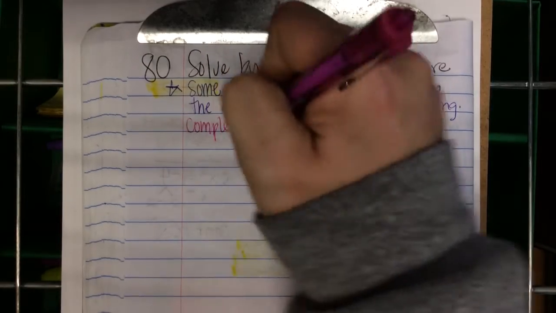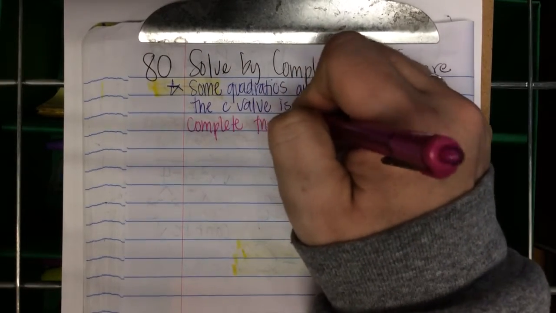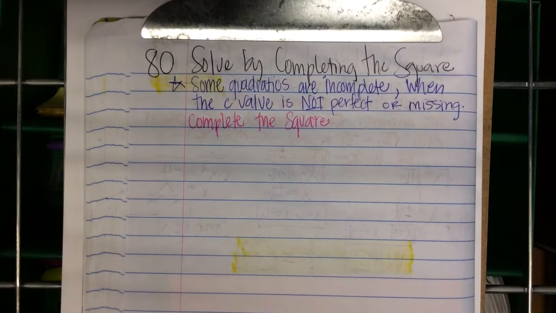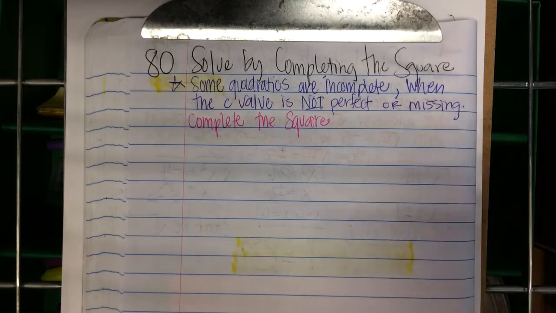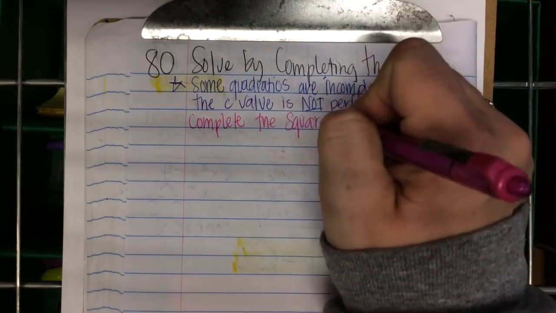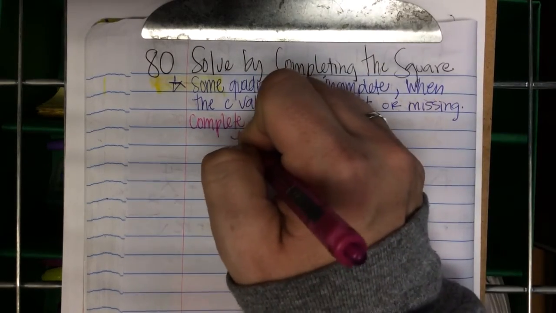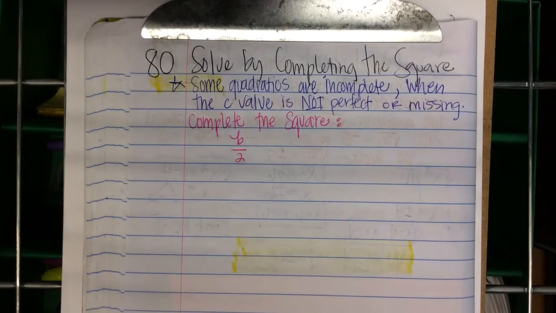So to complete the square, what you're going to do for every single one of these problems, you are going to use a formula. And to complete the square, you use the formula b divided by 2, squared. So you have to memorize this.